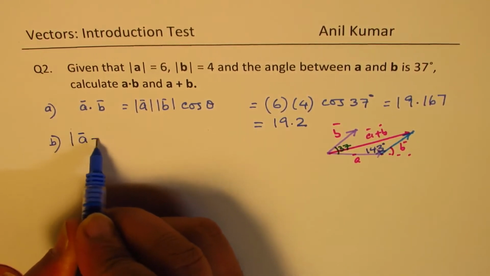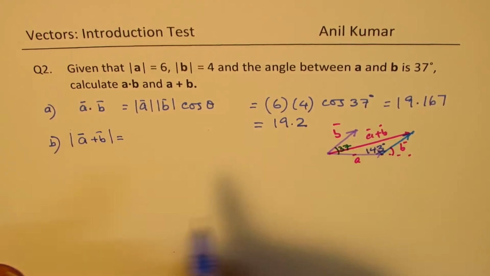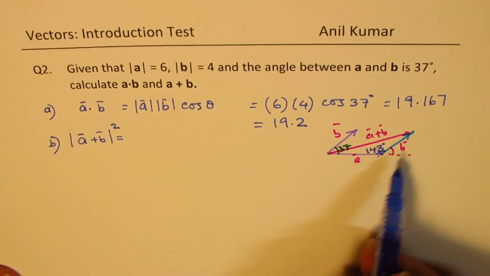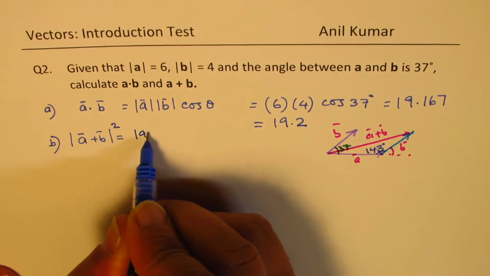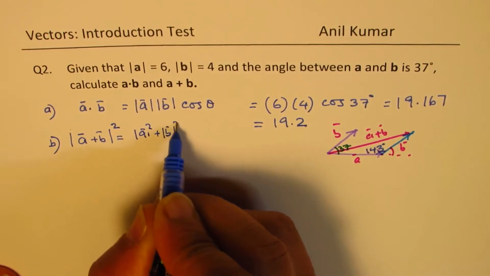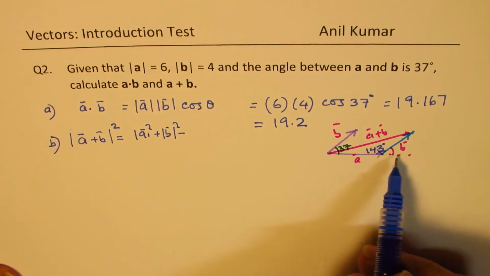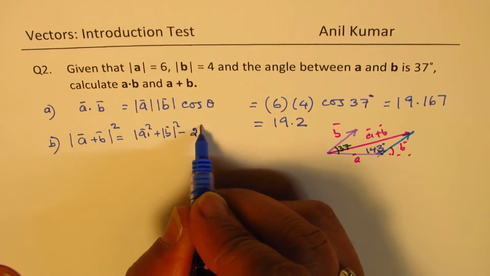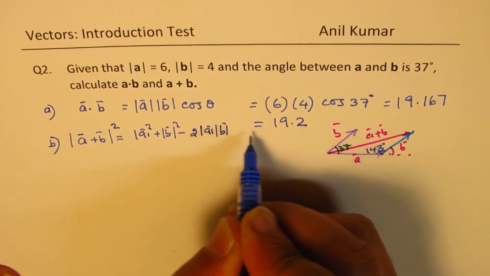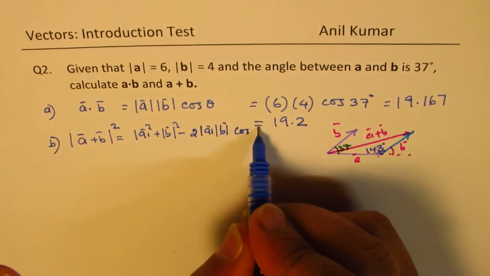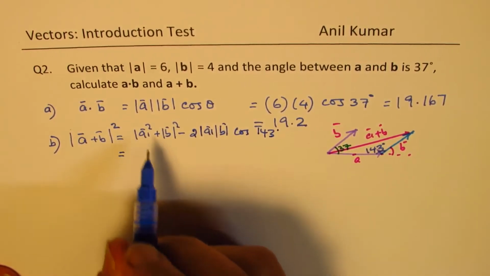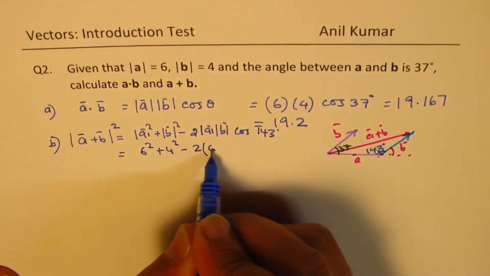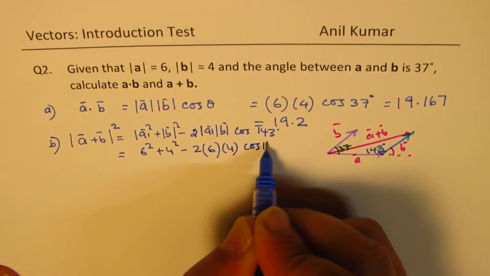So let's first calculate the magnitude of A plus B, which is going to be the square root of magnitude of A square plus magnitude of B square, minus 2AB cos of this angle, right? So minus 2AB cos of the angle 143 degrees. Clear? So in this case, it is going to be 6 square plus 4 square minus 2 times 6 times 4 times cos of 143.